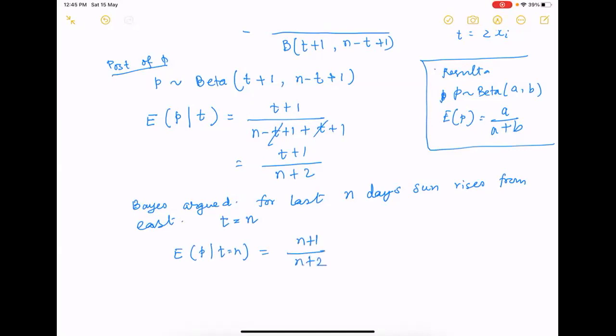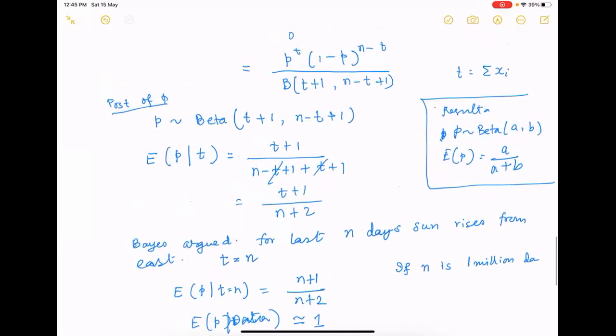Now, if n is 1 million days, I can say that the expected value of p, given the data, given that we are observing it for so many years, is approximately 1.